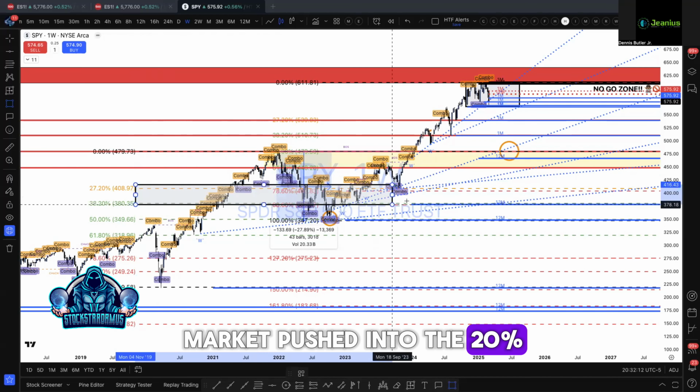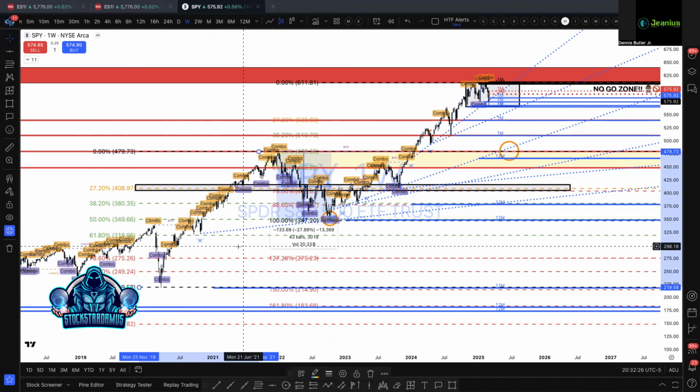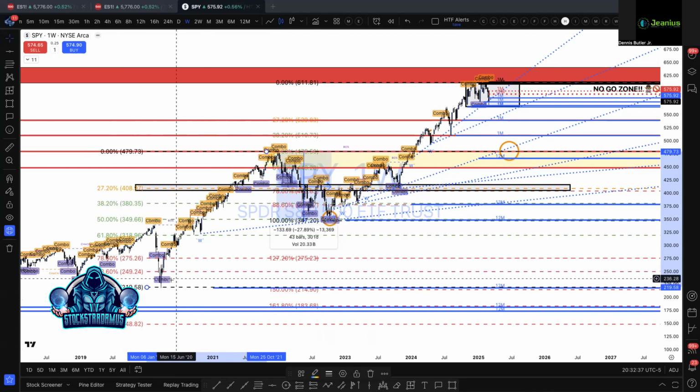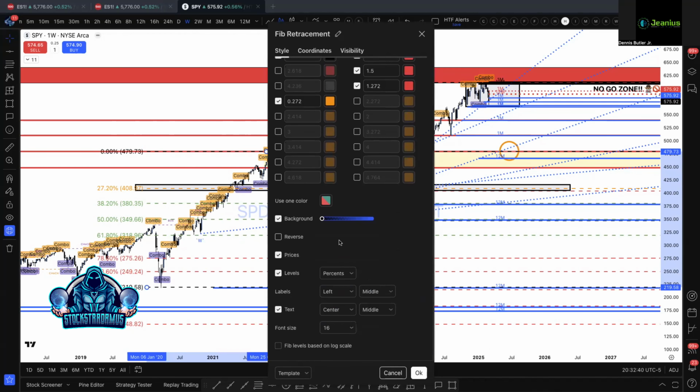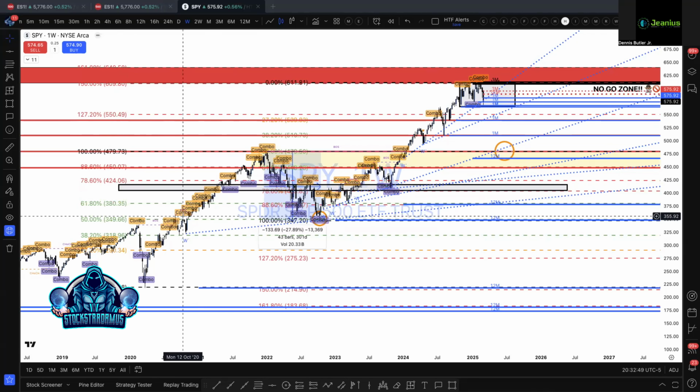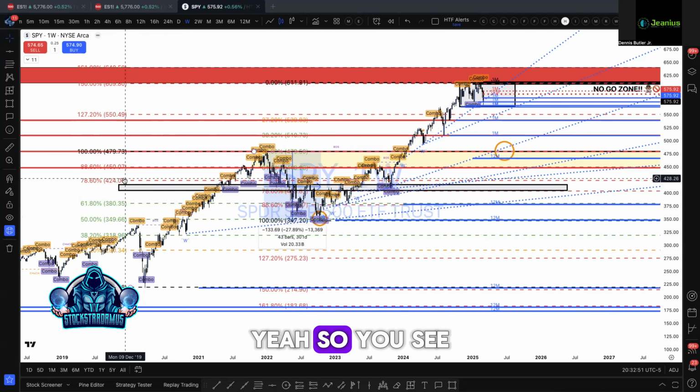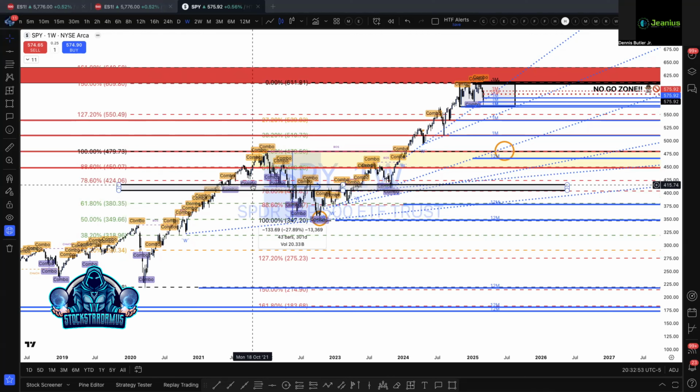If it bought at the 20%, when I do my Fibonacci extension, the Fibonacci wouldn't go... yeah. So you see how it pushed right back into here?